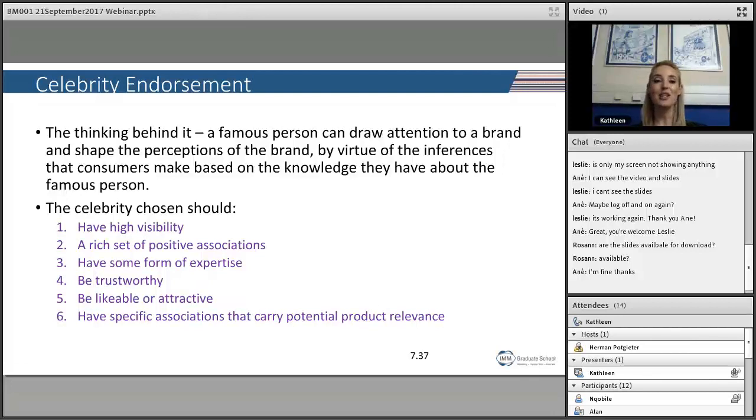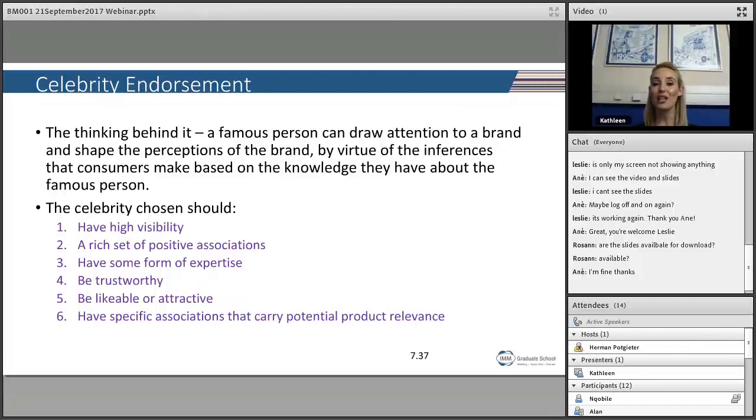Firstly, we have to make sure that our celebrity has high visibility. If they are not seen everywhere and very well known, then they're not going to be enhancing our brand that much. Secondly, the celebrity should have positive associations that they are going to bring to the brand. They should have some form of expertise with that particular product category.